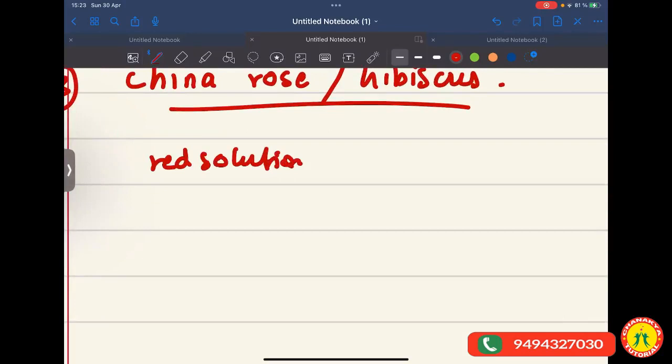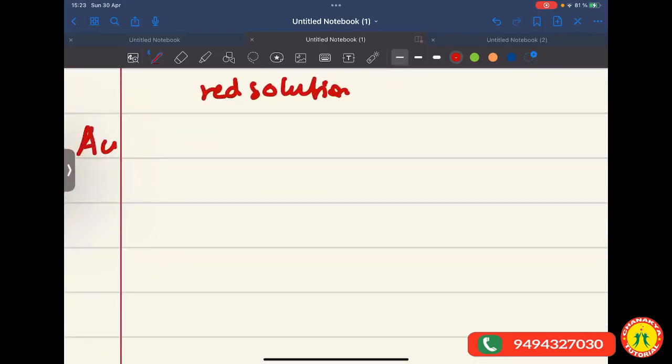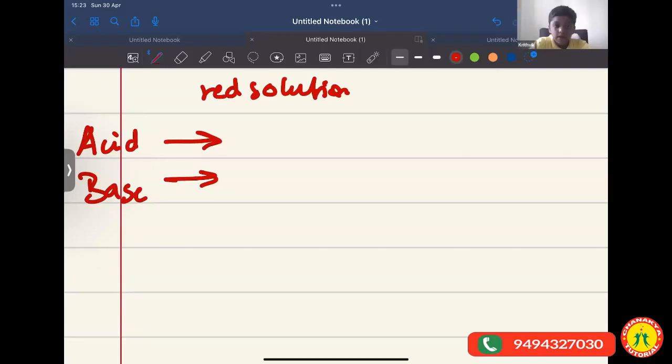Okay. Now this red solution. Tell me the changes of color. Guesses. First, Kritvik. Ma'am, for acidic or basic? Ma'am, blue color. Okay.